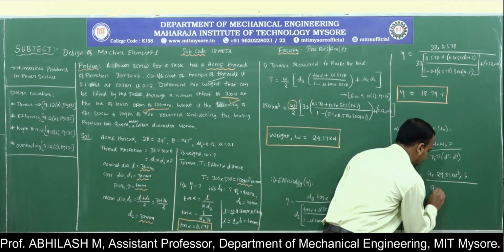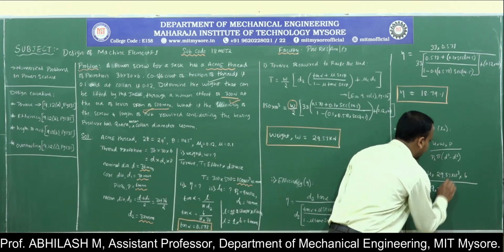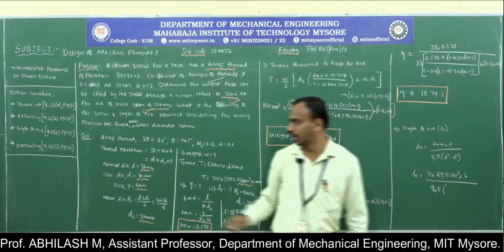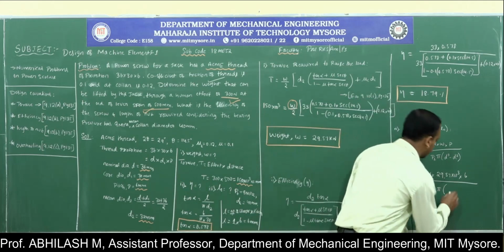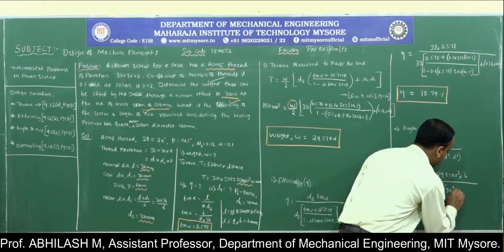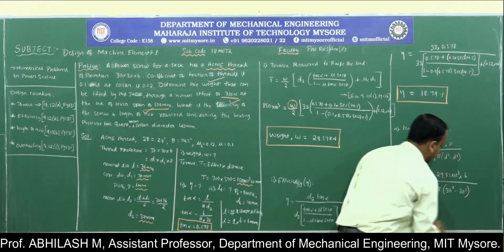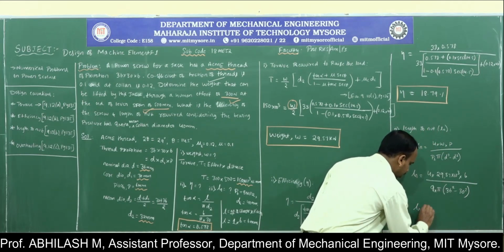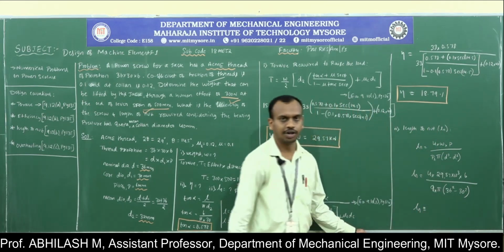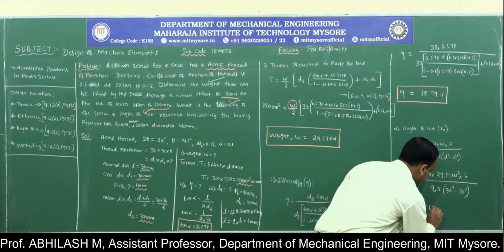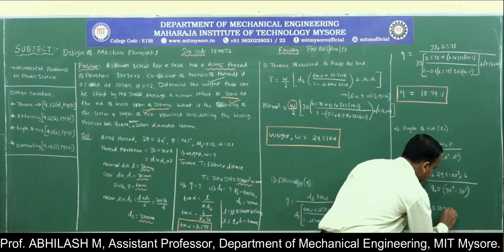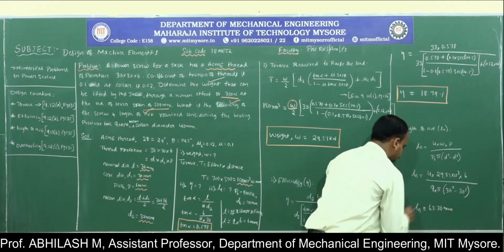So it is 9 into pi into d square minus d1 square. The d is 36, d1 is 30. So 36 minus 30 square. So the length of the nut, after doing the calculation, we have obtained to be 63.36 millimeter.